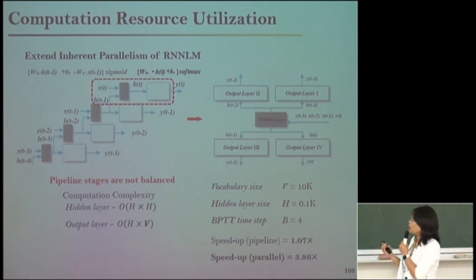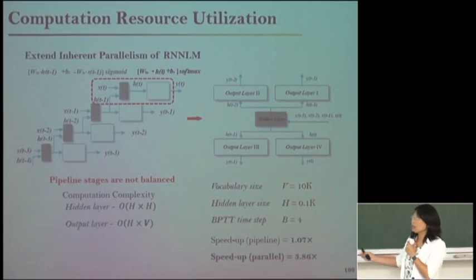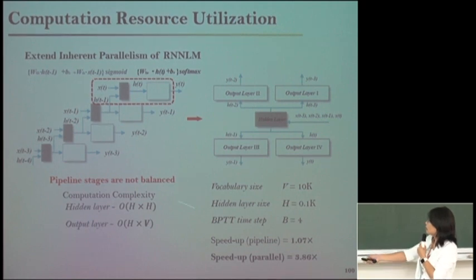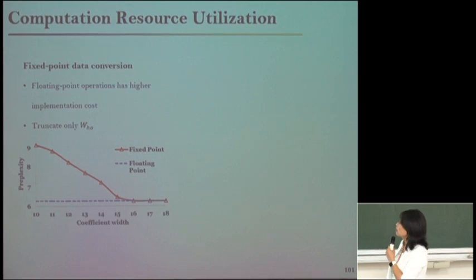One hidden layer implementation can already handle and balance the case. By doing this, the pipeline structure's speedup compared to the single implementation is 1.07 times, and our parallel execution is close to 4 times. So it optimizes the design point.